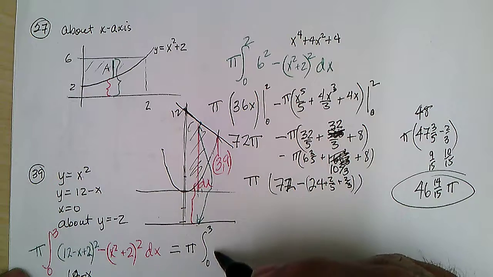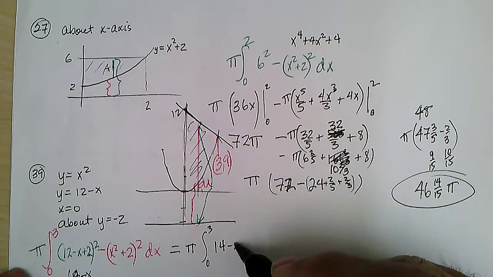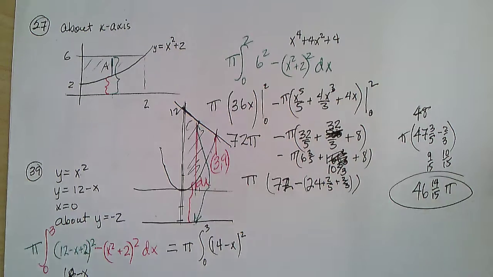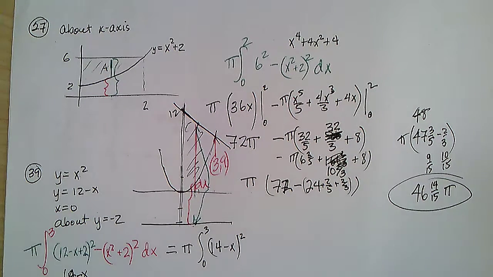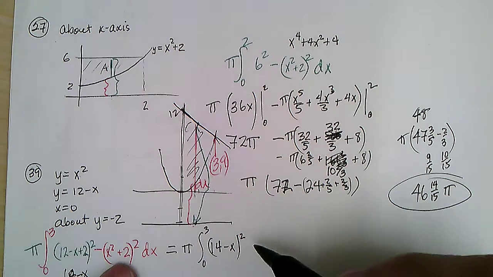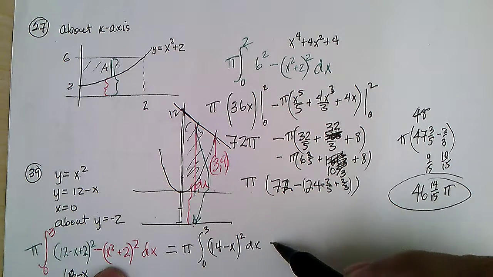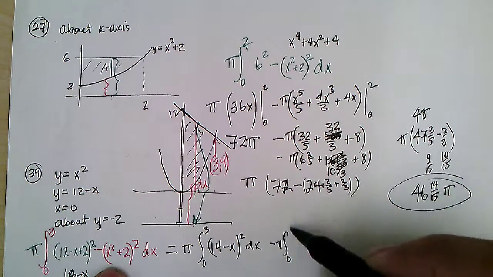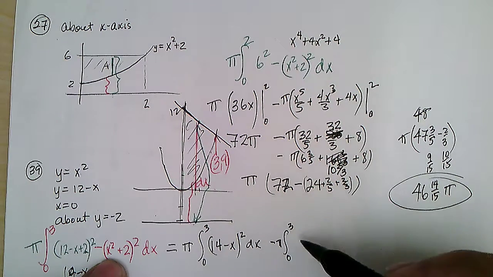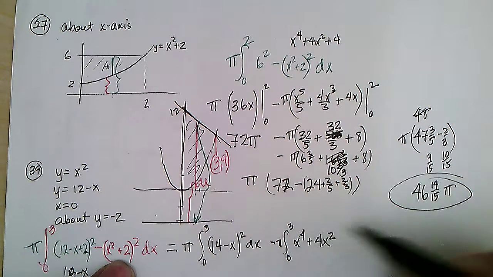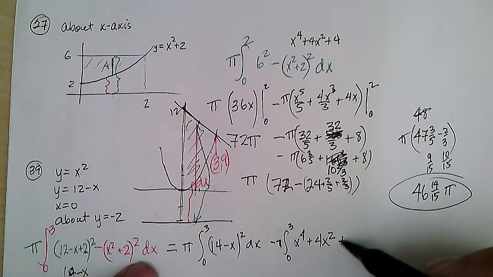I could do a u substitution for that and it'll work. But this part is going to be minus pi, integral 0 to 3 of, that squared is x to the 4th plus 4x squared plus 4.